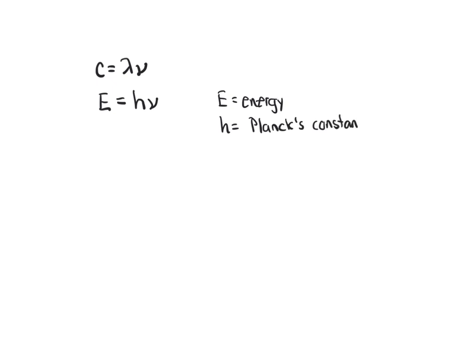Planck's constant is equal to 6.626 times 10 to the minus 34 joules times seconds. And then the frequency is the frequency.